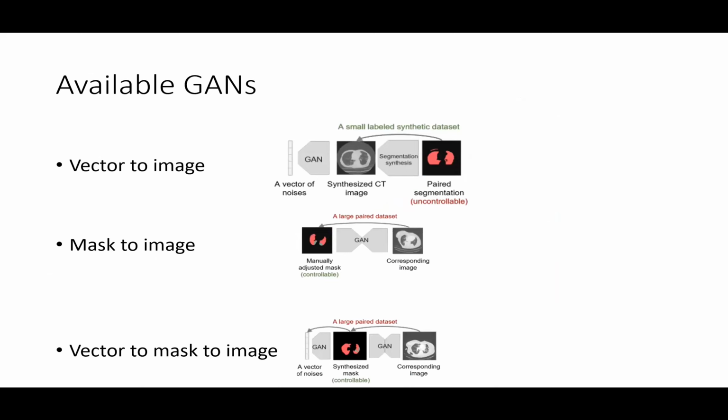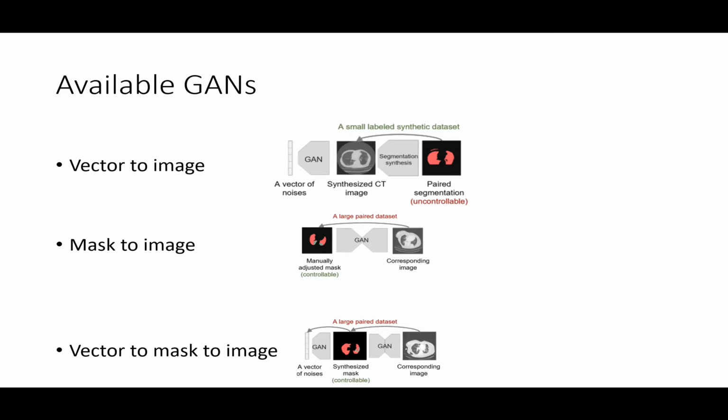So with generative models, there are multiple ways of creating those pairs of images and segmentation labels. Once it's trained, we can pass it a vector, and then a generative model will transform that into a new CT scan image, and then through an algorithm, it will create the segmentation for it.